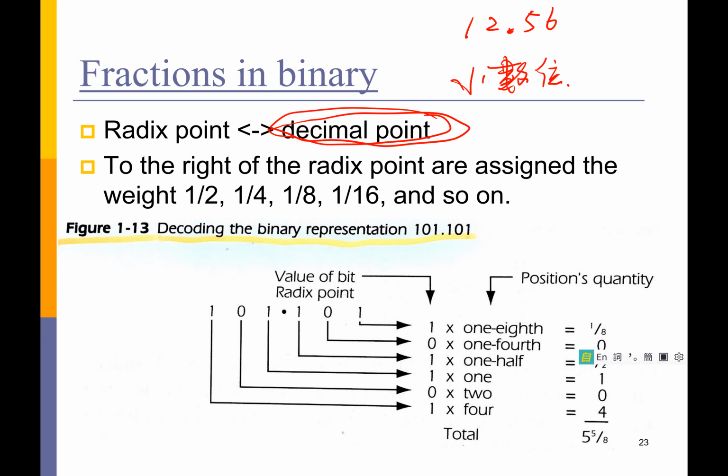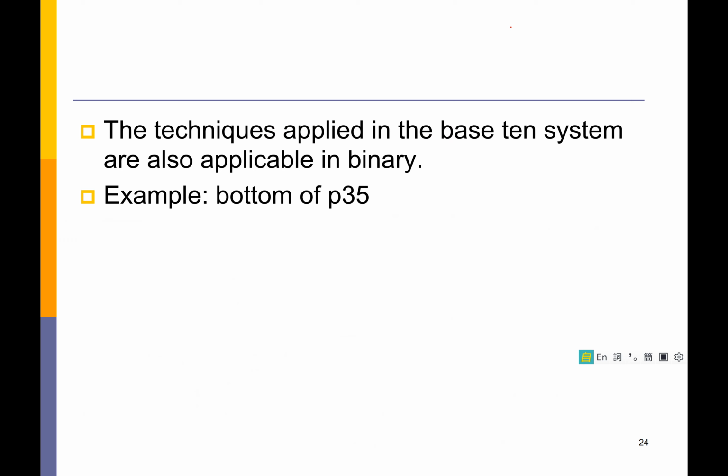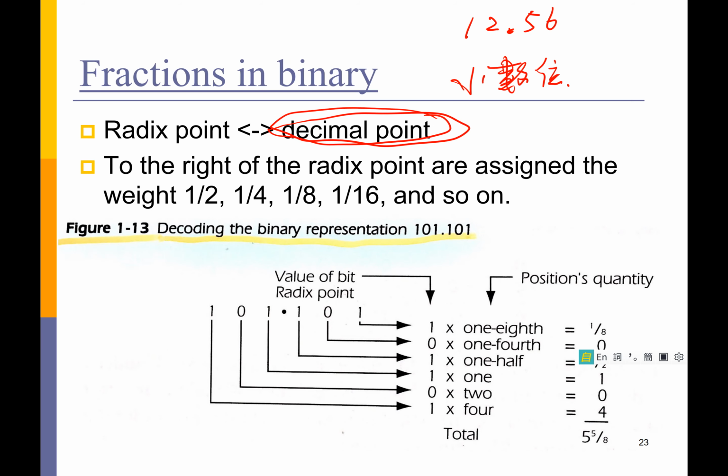But in English, they distinguish these two systems by the period symbol. In the decimal system, in the base 10 system, this is called the decimal point. But in the binary system, we call it the radical point.